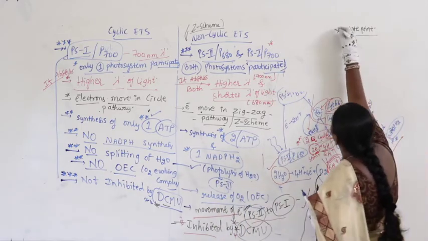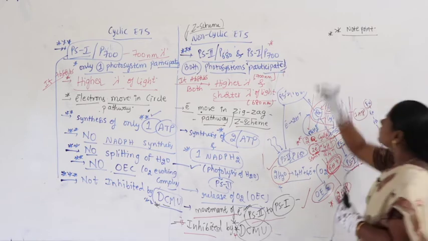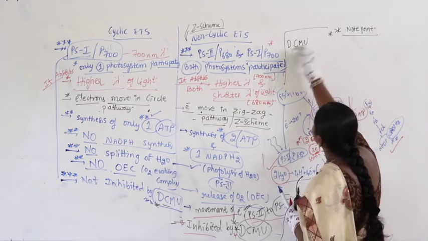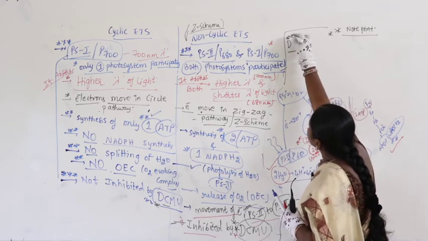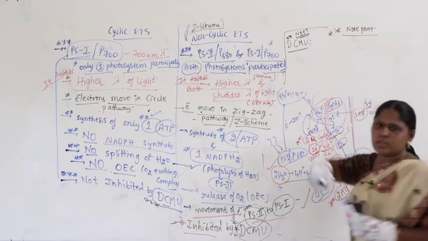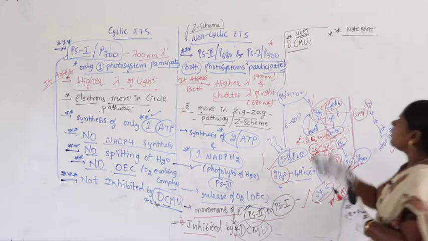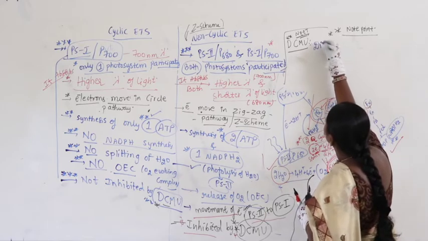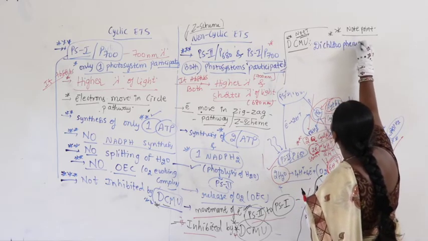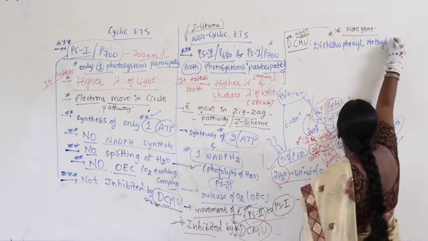Note point, very important note point. What are we speaking about? We are speaking about DCMU. This is a previous NEET question. Guys, this is a previous NEET question. What is DCMU here? First of all, the compound is dichlorophenylmethylurea.